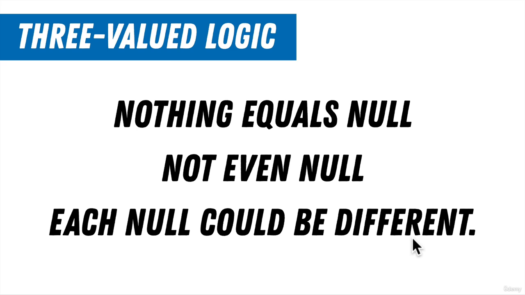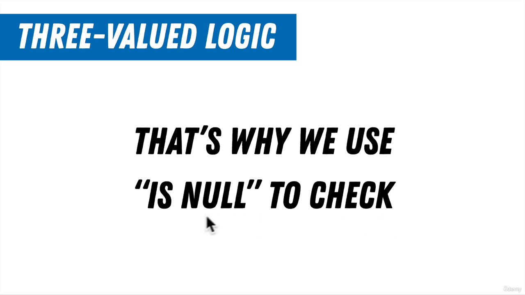To understand that with that three-valued logic, you have three different streams of outcome. When you do a filter, each statement that is true is going to return me a result. Each statement that is false is not. And each statement that is null is going to return null because nothing equals null. Not even null. That is why we use the IS NULL check.